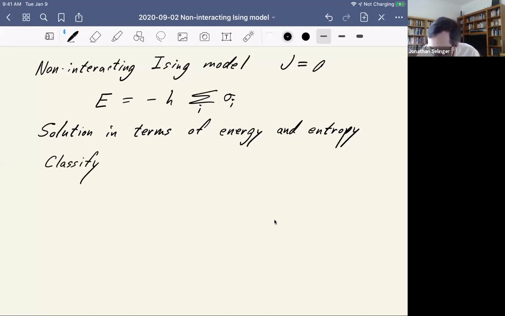Okay, I want to classify all possible states based on the number m. Okay, this order parameter that I just defined for you. Okay? I want to classify states based on how many spins are pointing up and how many are pointing down.